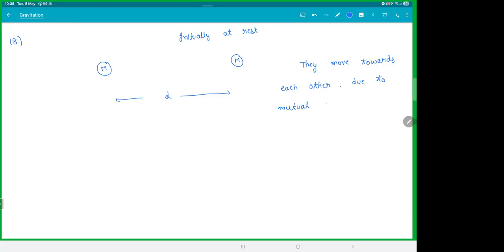Find the time when they meet. Let the time be t1. Find the time when they collide.